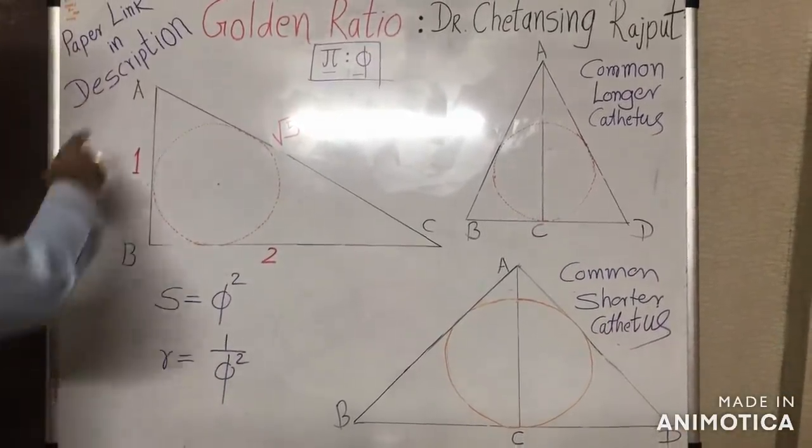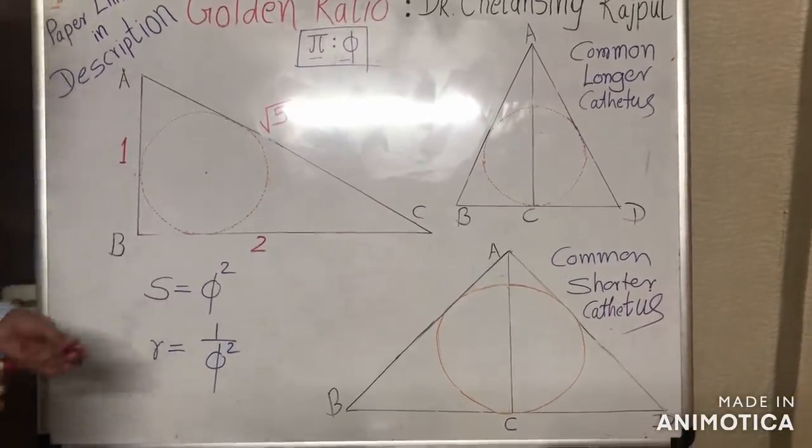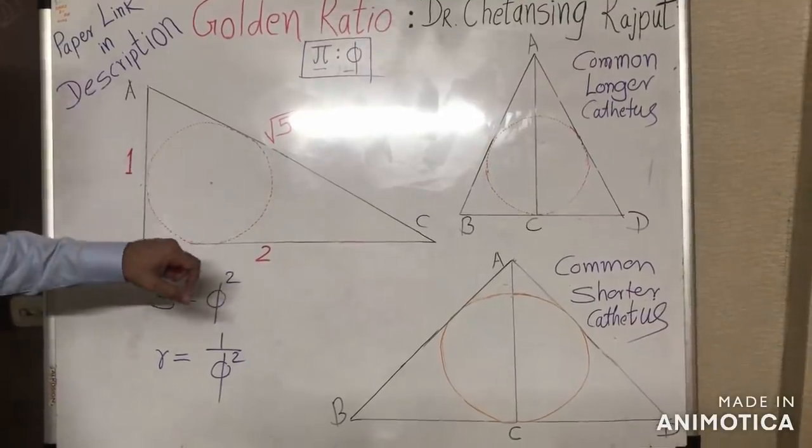Consider this reference triangle ABC, which is the 1, 2, root 5 triangle, and this is the incircle of this triangle.